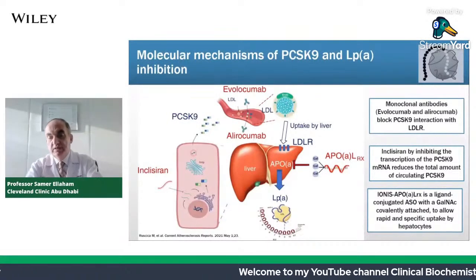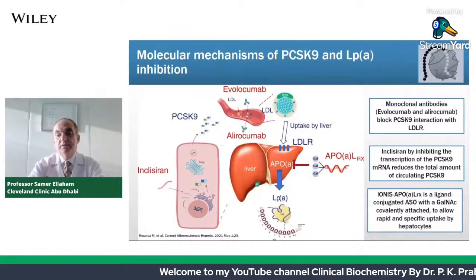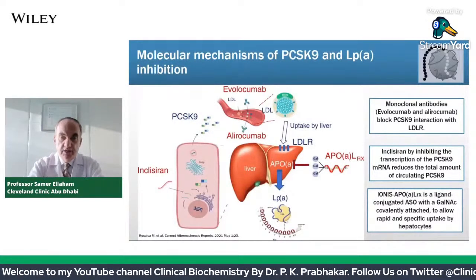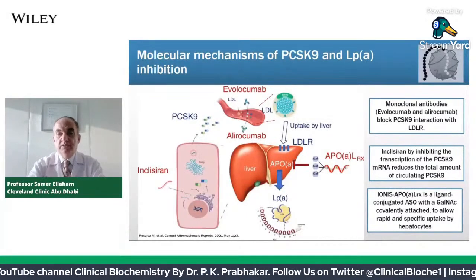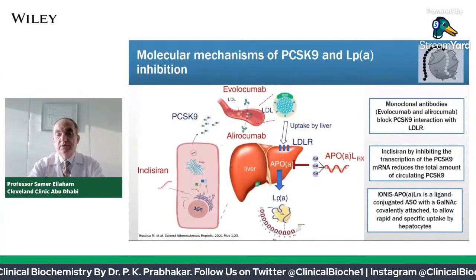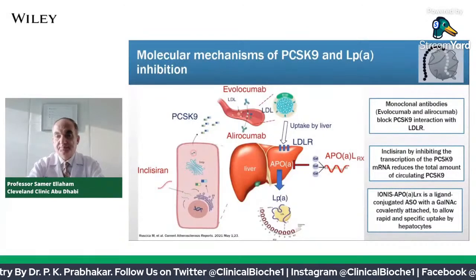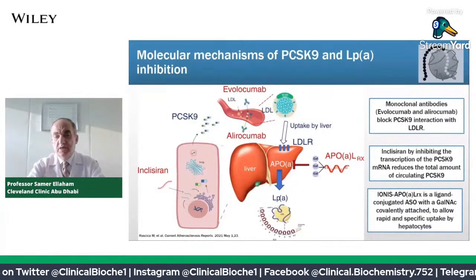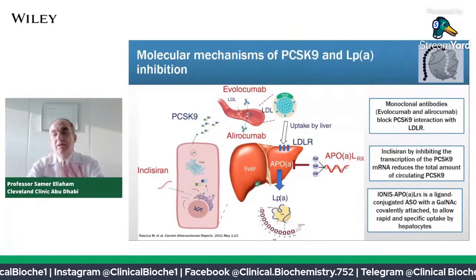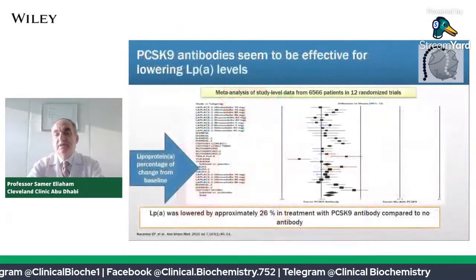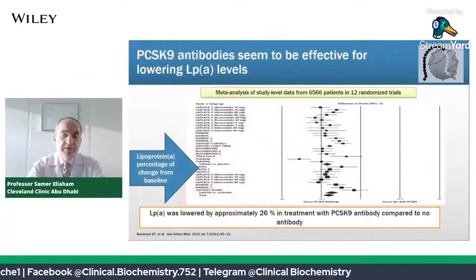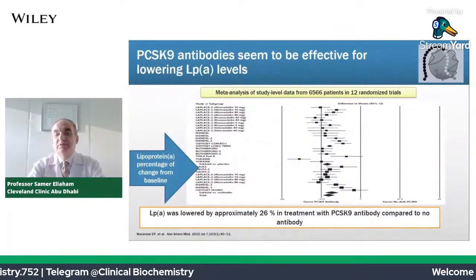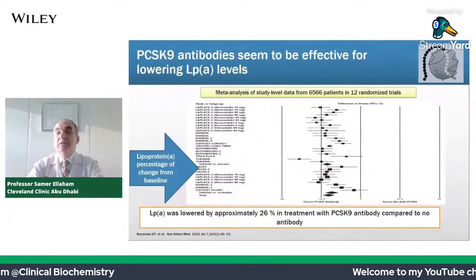Inclisiran works differently than a monoclonal antibody by addressing the mRNA, and by reducing those, we decrease PCSK9, which would lead indirectly to a decrease in the LDL. And then, very importantly, other interventions do the same. The message here is, while these things may affect the Lp little a, as I'm trying to show in this slide, the lowering is modest and not very consistent.